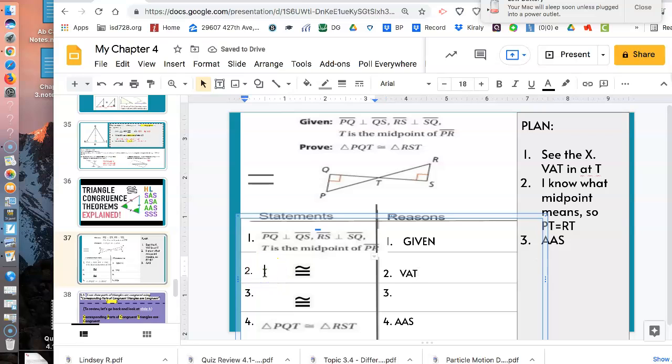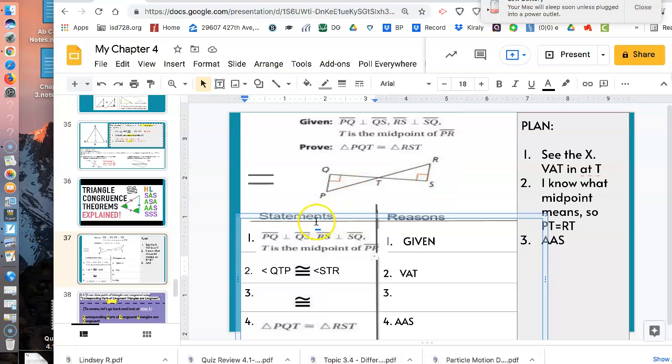Remember, we can't call it angle T when there's two in there. We have to call it angle QTP or PTQ, with an angle symbol in front of it, congruent to the corresponding part, angle STR, with an angle symbol in front of it. Remember, if I started with Q, the right angle, in my congruent statement, I have to start with S. And that was by the vertical angle theorem.